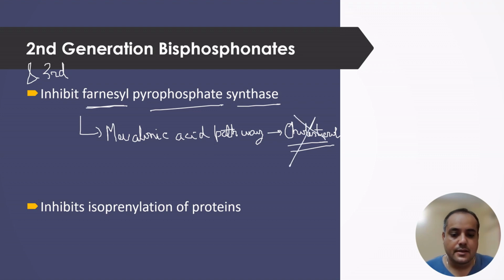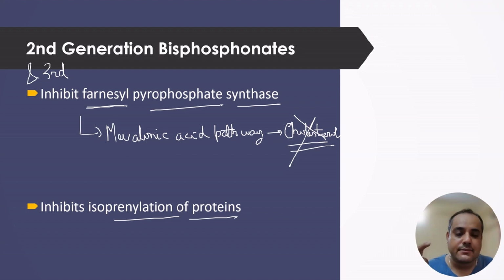Second thing is that these drugs inhibit the isoprenylation of the protein. Now the isoprenylation of the protein is important, by which these proteins attach themselves to the surfaces and then they are active, right? Since the isoprenylation of the proteins is inhibited, the proteins are not active.